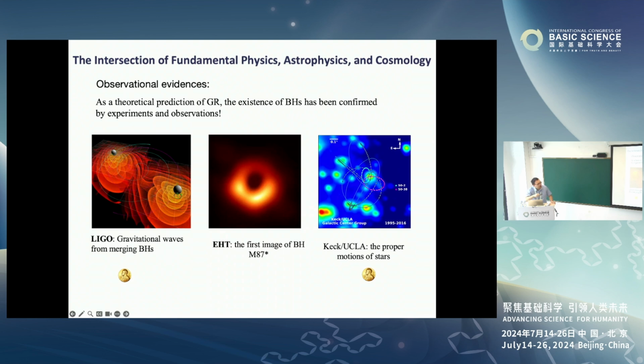This is the orbit we see in our galaxy, and from this we know there is a very supermassive dark object in our galaxy. According to our understanding, it is nothing but a black hole. So that means the black hole has now been confirmed by experiments and observations. The black hole is now a very real object.